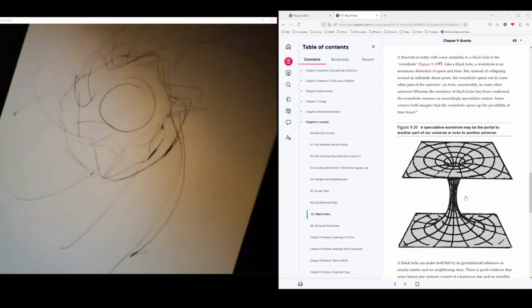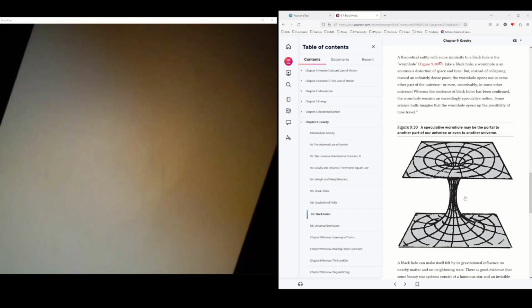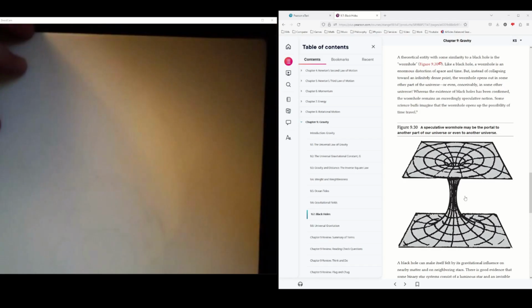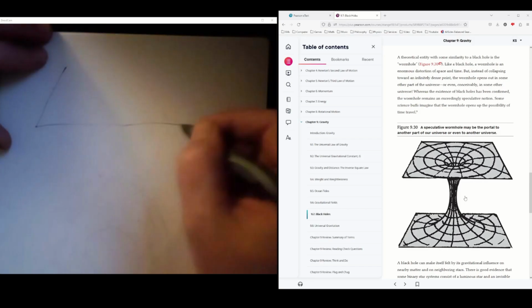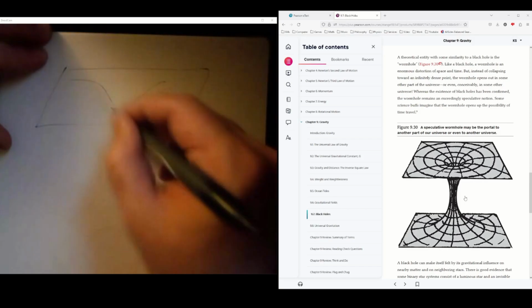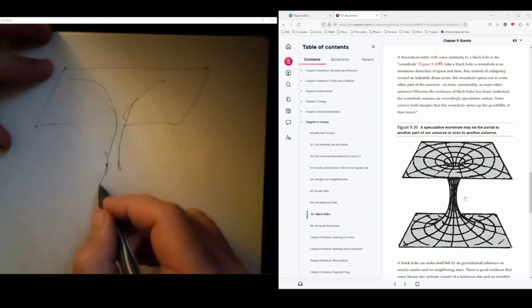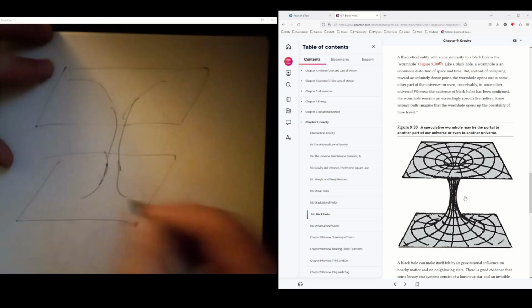A wormhole. Wow, they're really going sci-fi here. All right. Well, a wormhole is another idea that actually can be found in Einstein's equations. Einstein's equations allow for a black hole. Now, a black hole is something we've already seen in the universe, but Einstein's equation also can yield what he called a white hole.